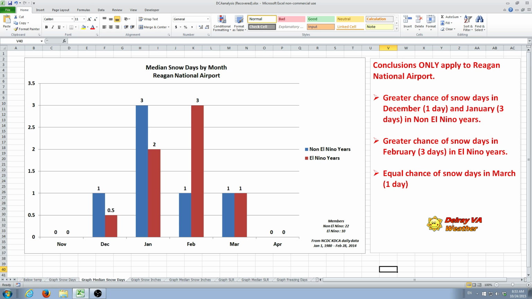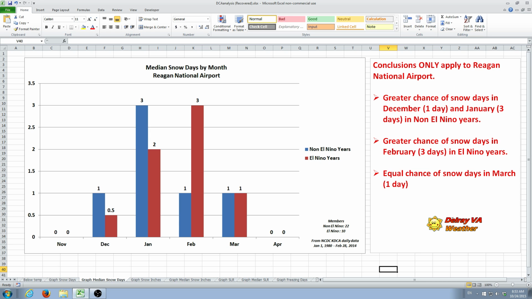Okay, those are the conclusions that I've reached so far. Again, I'm still doing more statistical analysis on the data set, and I'm trying to find out exactly if there are any other indices that are affecting the temperature at Reagan National Airport.